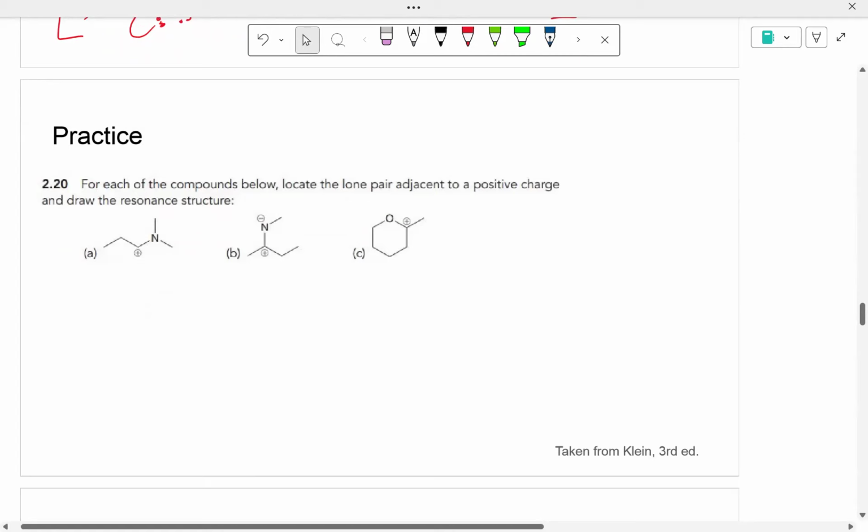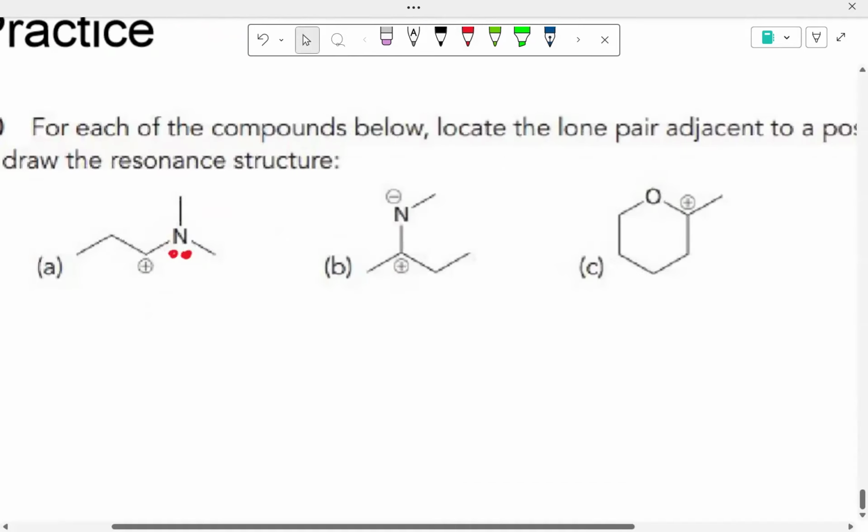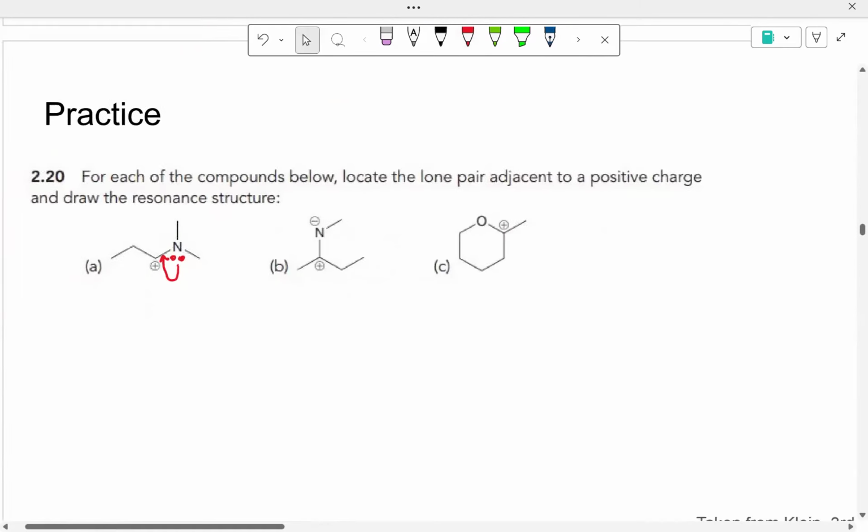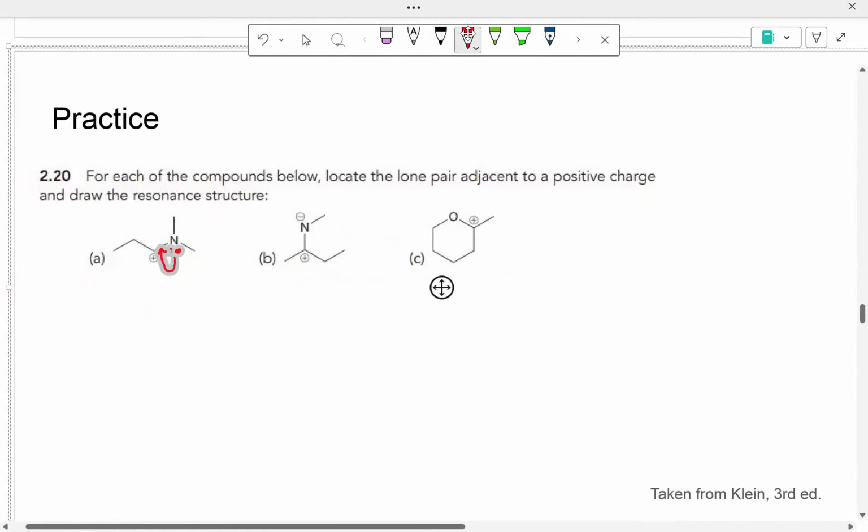Let's do some examples. And the first thing we're going to do is fill in lone pairs. So in letter A there, that nitrogen's got a lone pair. And that lone pair is next to a carbocation. So I'm going to do one of the common things I can do with that and move them towards that carbocation to form a pi bond.